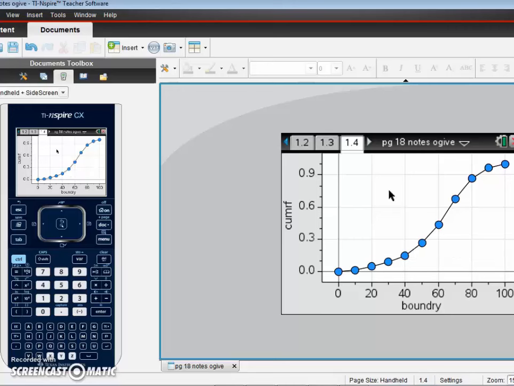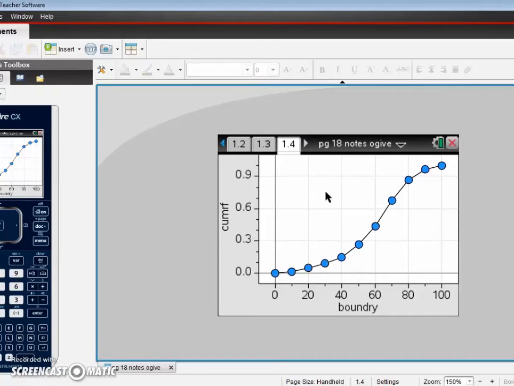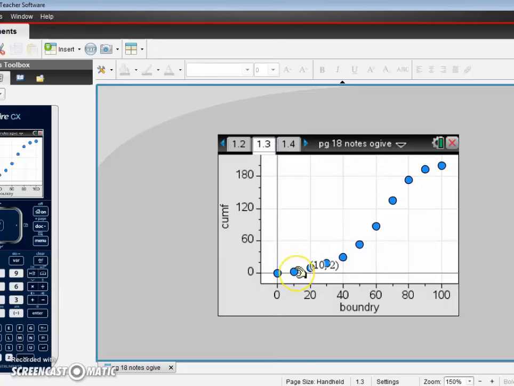You will use these a lot, and we'll hit them again in class. You should be able to do them by hand, and it's just basically plotting. The key thing is it'll always go up, it'll never go back down, because you're adding the 2 people to the 7 people to get 9. That's the percent one. Let's do it this way. The 2 people plus the 7 to get 9, plus another 9 to get 18 total, plus there were 12 in the next one, which gives you 30.